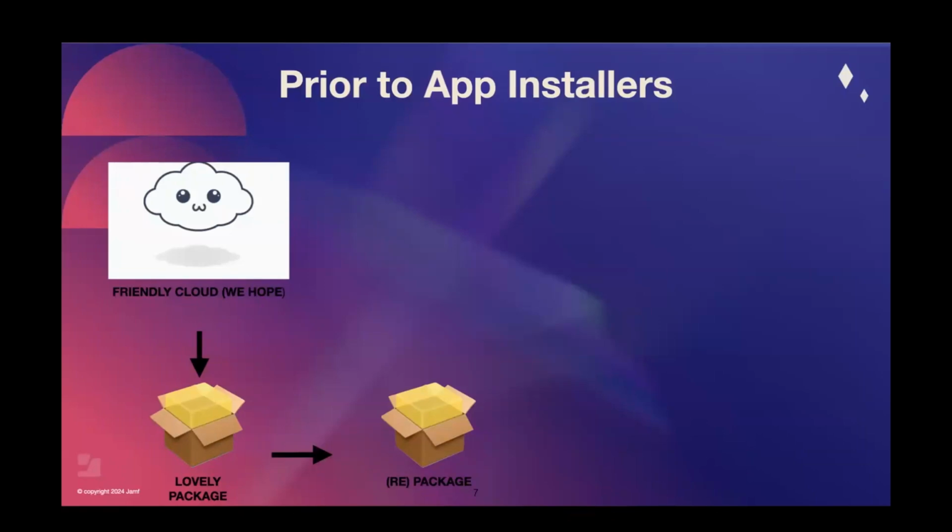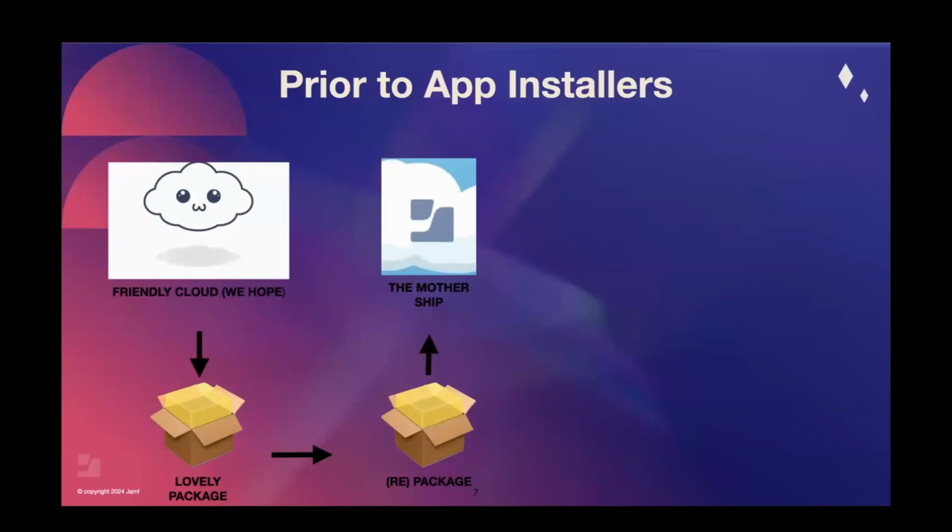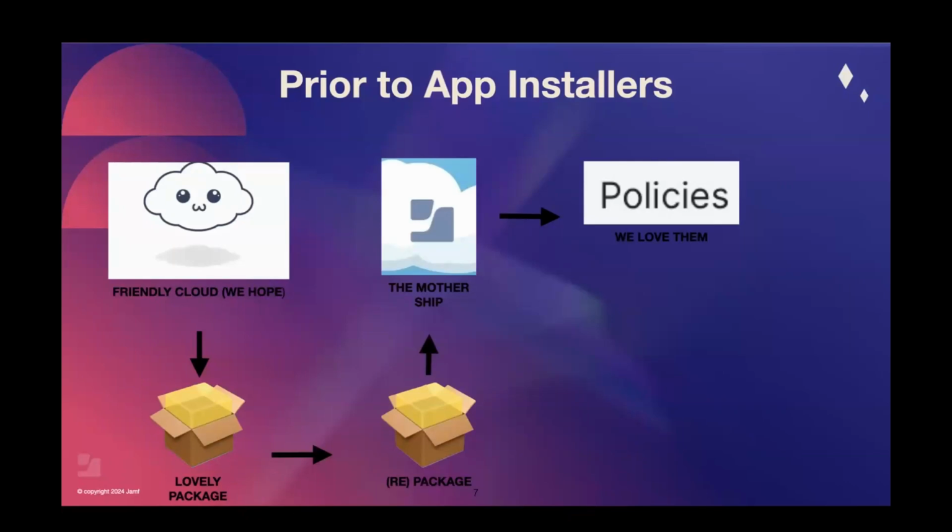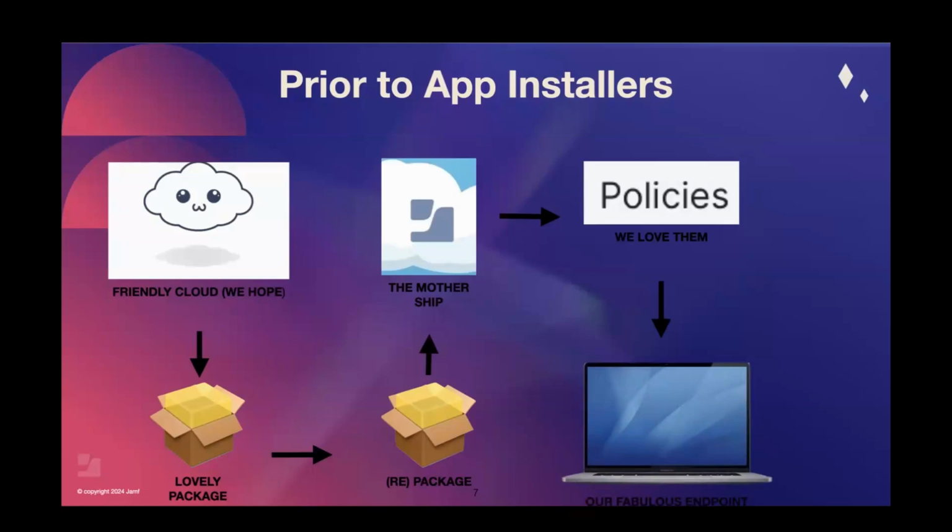Then once the package is Jamf friendly, we send it up to our mothership of Jamf Pro. Then we would have to create a policy and scope out those endpoints that we want. And then down it goes to the endpoints. And that is at least 6 steps that we're showing here.